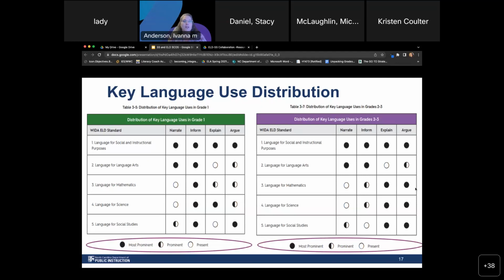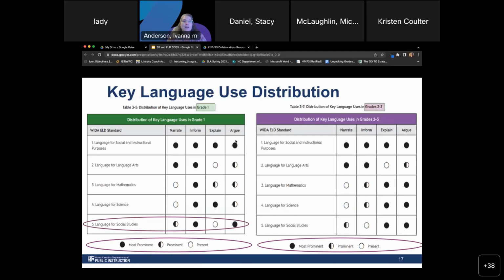So if you'll click one more time for me, in first grade, for social studies, we see that the most prominent are inform and argue. Those are the circles that are darkened in.